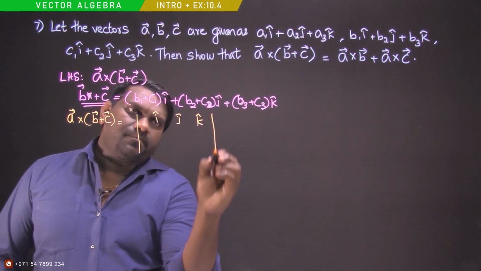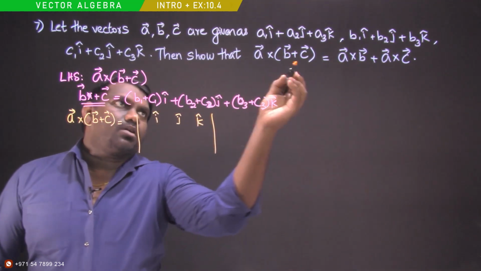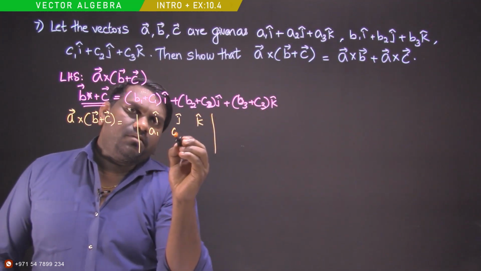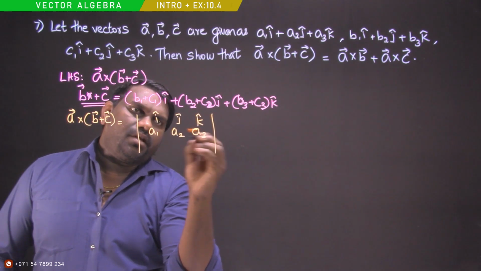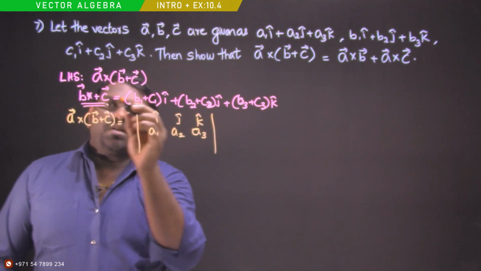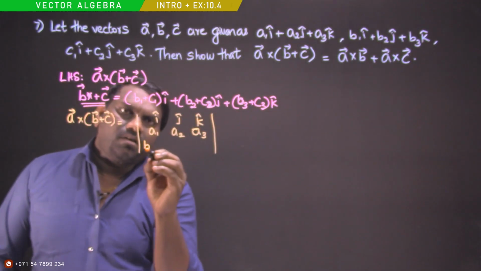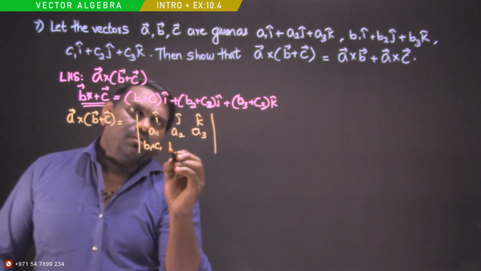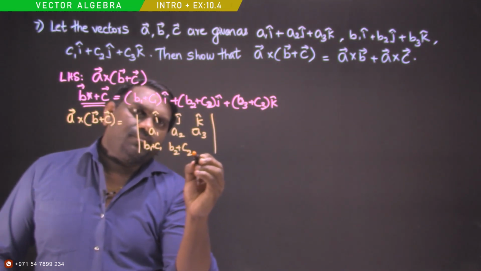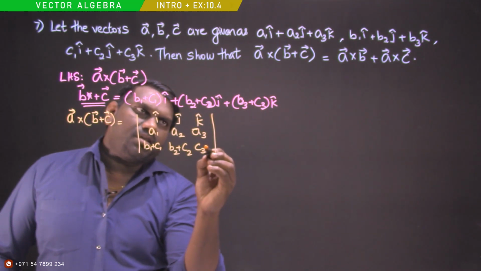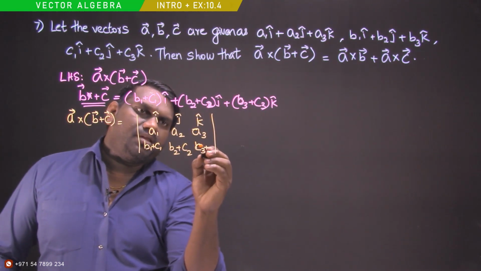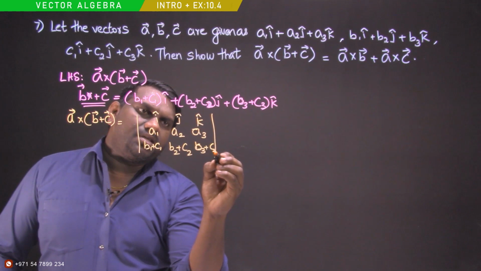So we write the determinant with i cap, j cap and k cap. A is A1, A2, A3, and B plus C is B1 plus C1, B2 plus C2, B3 plus C3.